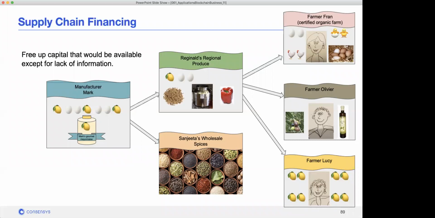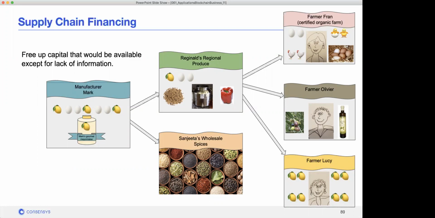Whereas if you're Farmer Fran there, then you're far less likely to be able to get any financing, because you provide the Reginald's Regional Produce, but you might not even know that your produce ends up in manufacturer Mark's goods.